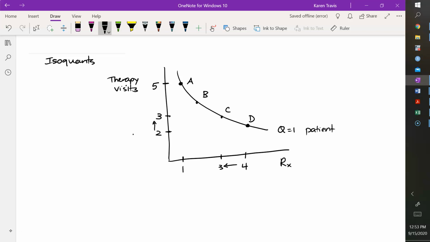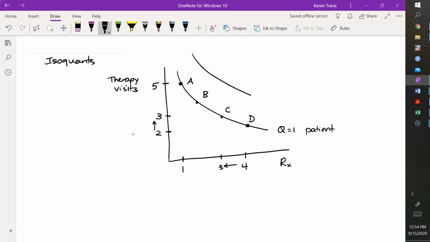So that shift requires giving up, or it allows for giving up a prescription and adding a therapy visit to move from point D to point C. That's my isoquant.